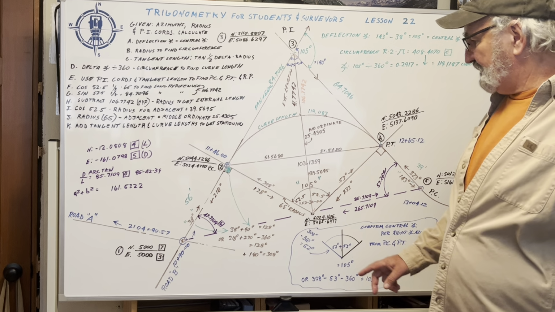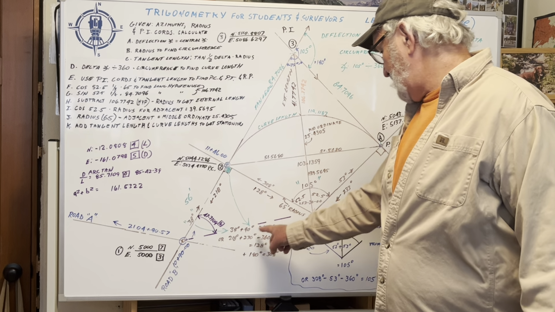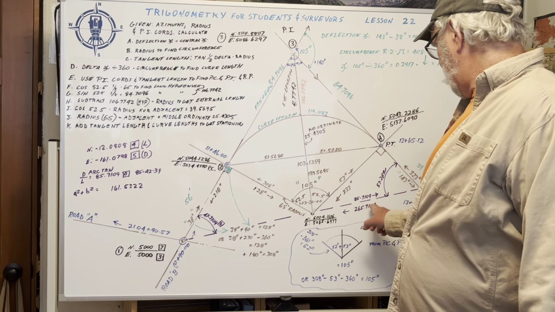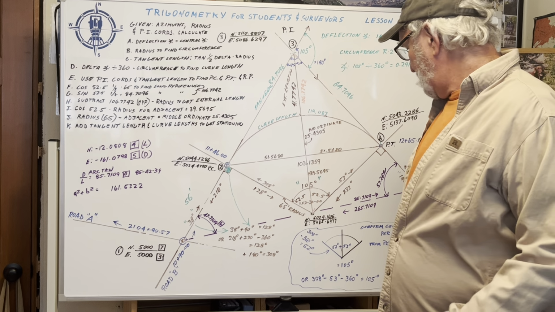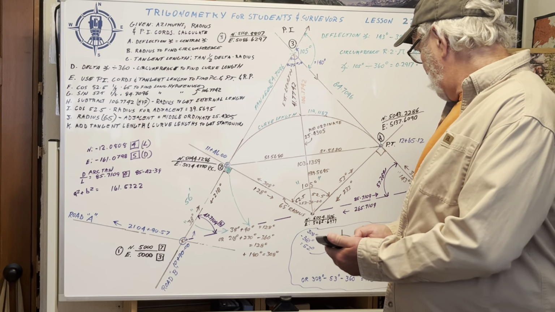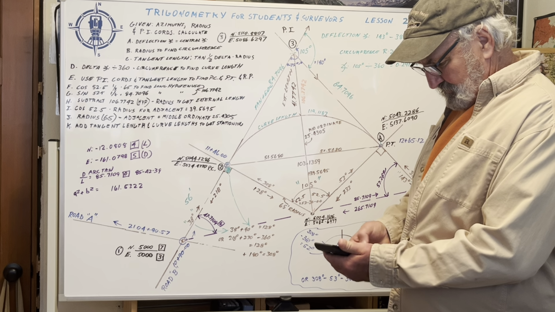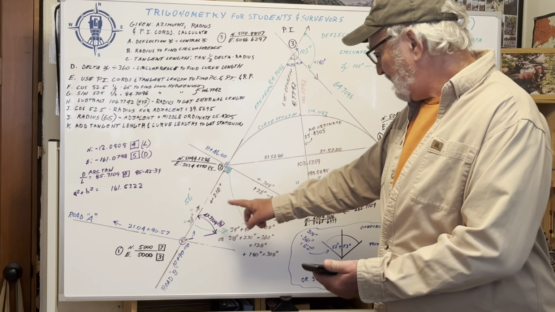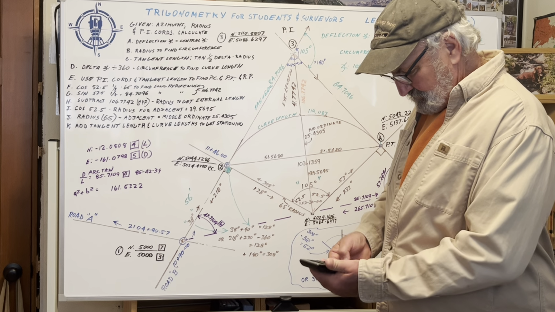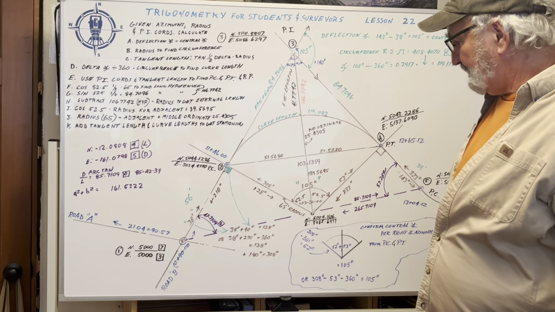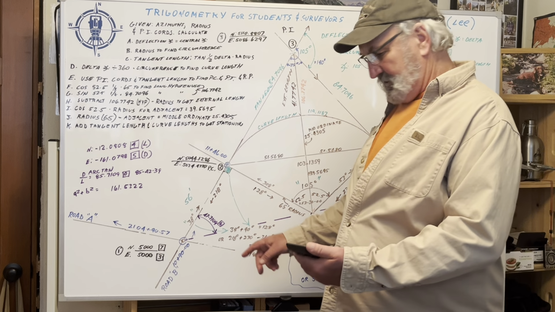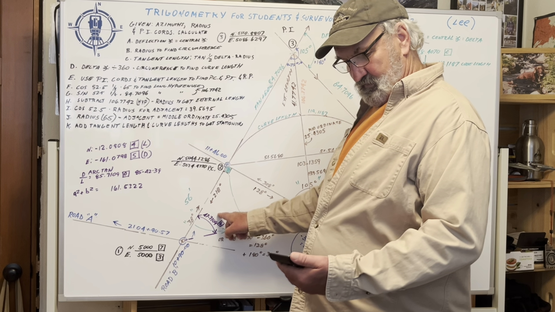So you do the same thing over here. You have 38 degrees there, and what's our bearing here? 85.7109. Enter. 38 minus 47.7109. I didn't get that.